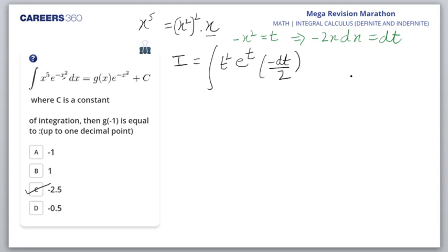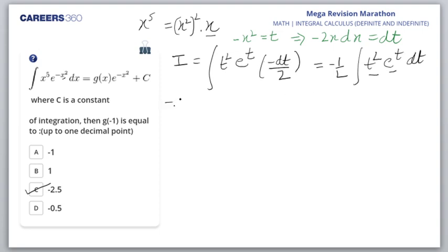Okay, so we find here the final integral is minus 1 by 2 t square e^t. Now if I isolate e, the exponential function, it comes last. So this would be the second function, and this would be the first function.